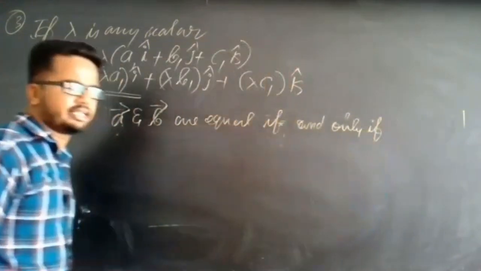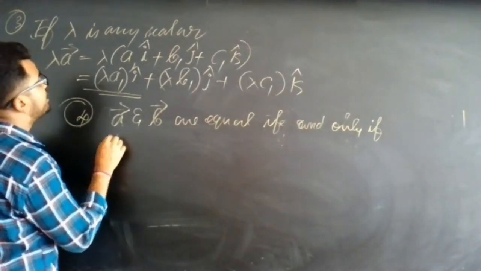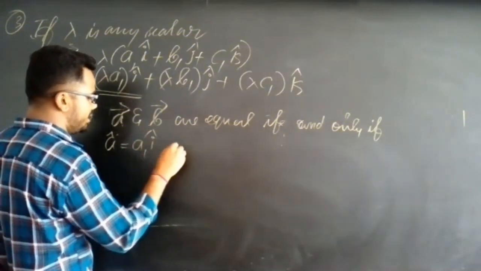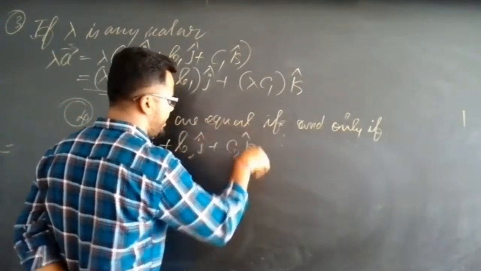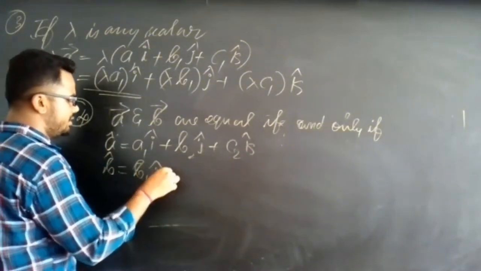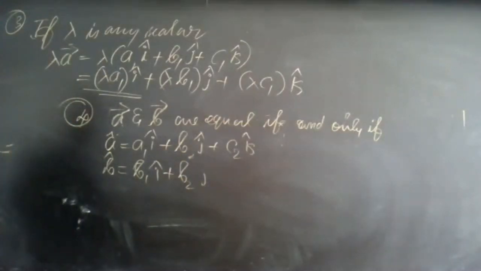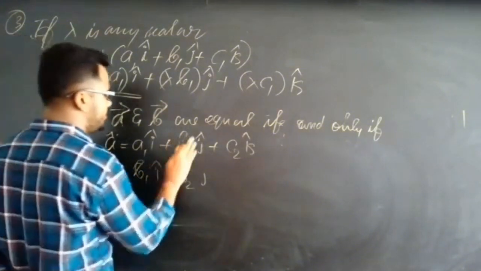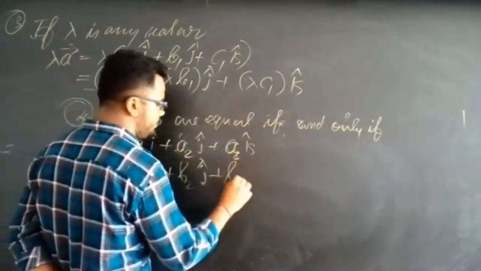When can you say that two vectors are equal? Consider vector A as A1 i plus A2 j plus A3 k, and next vector B as B1 i plus B2 j plus B3 k.